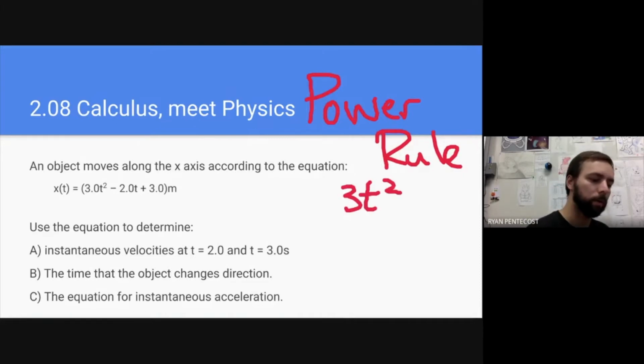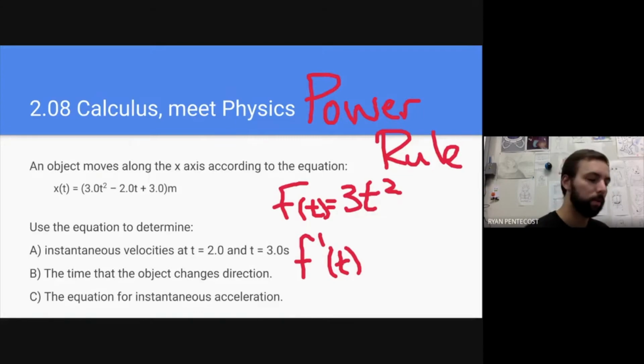3t squared. So let's say, we'll call this a new function because it's not actually x of t. We'll call this f of t is 3t squared. The derivative is f prime of t, because we've taken the derivative.